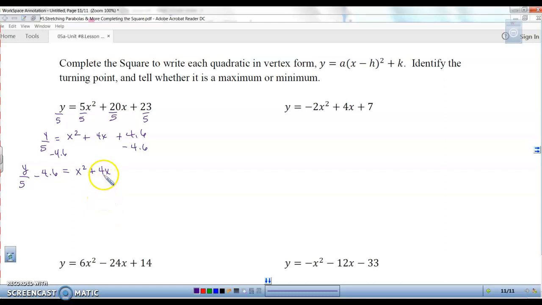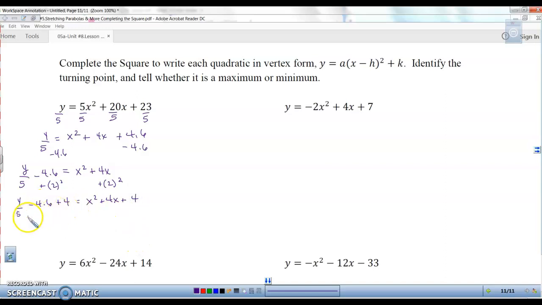This is the b term because it's the x term. Half of that would be 2, and then we have to square it, and we're going to add it over here as well. So that gives me y over 5 minus 4.6 plus 2 squared, which is 4, equals x squared plus 4x plus 4.